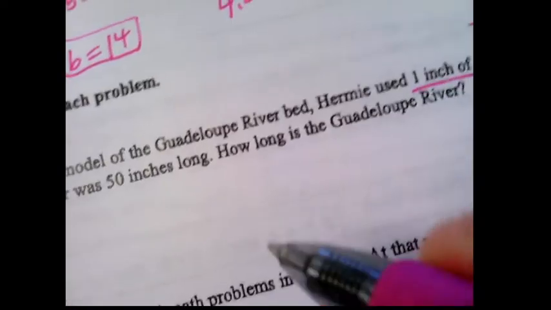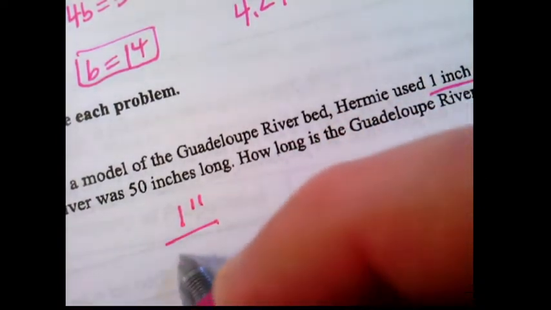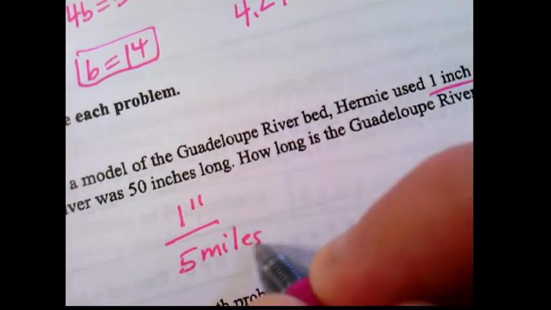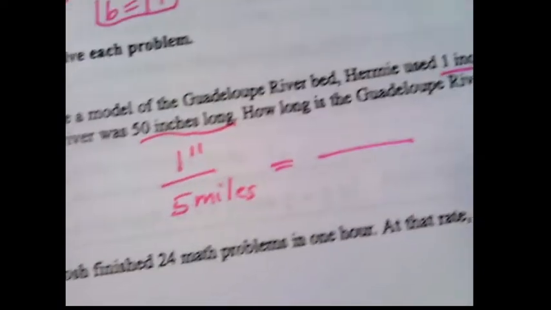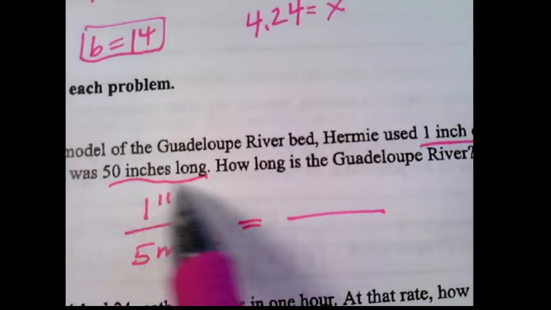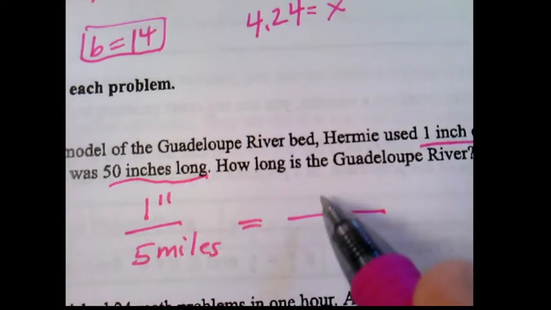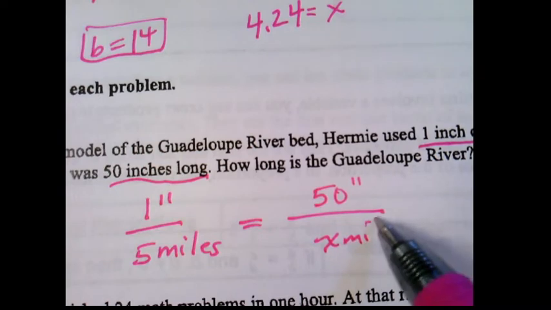Okay. So if I do this, I'm doing 1 inch is 5 miles. That's going to be the same as, now the 50 inches here, the 50 inches for part of the model, corresponds with the inches from the previous fraction. So I'm going to go ahead and put down 50 inches here and x miles here.